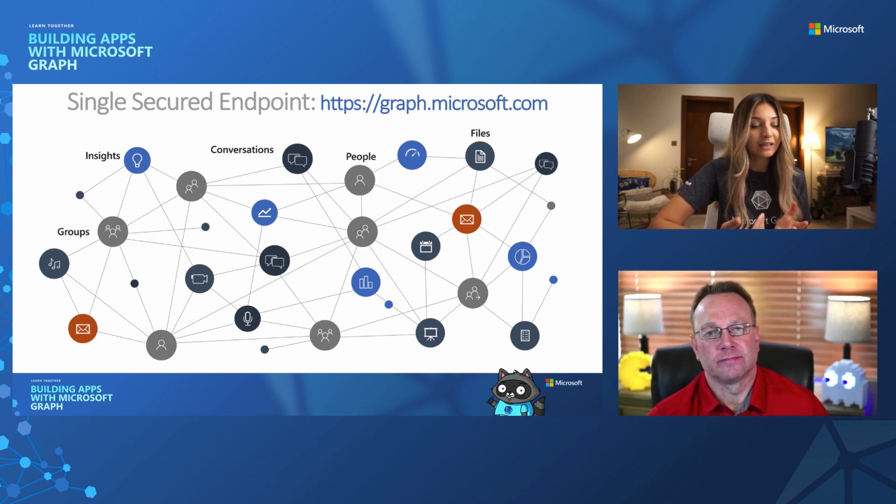You will only need to learn one single endpoint, which is graph.microsoft.com, and you will be able to get all different data sets from Microsoft 365 with one single secured endpoint. Perfect. Okay. Well, that's really what we need because maintaining our apps over time is always a challenge. So the simpler we can keep it, the better.